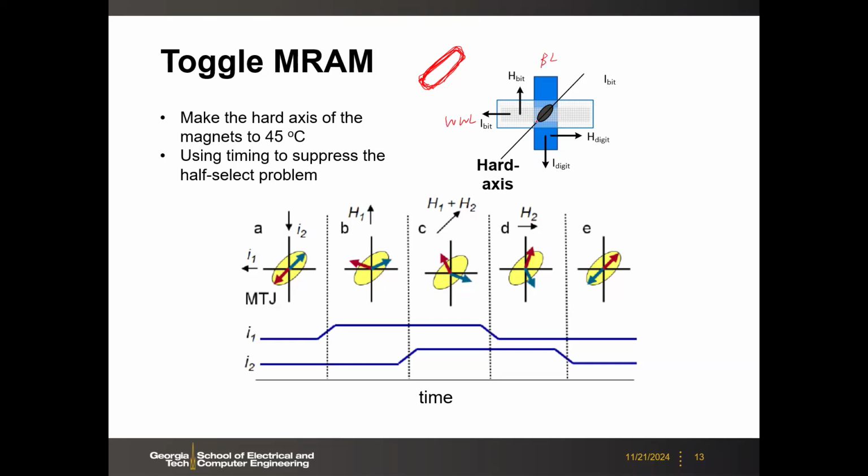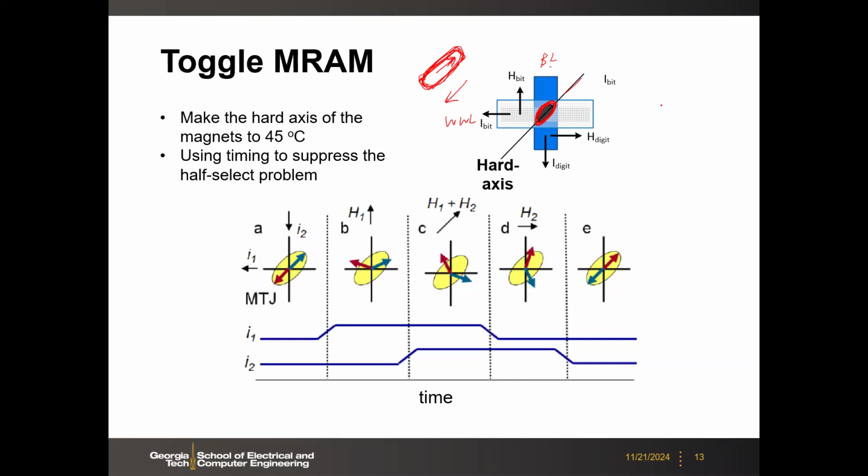Here you want to make the hard axis point at 45 degrees. That means your orientation will be either pointing 45 degrees this way or 45 degrees this way. You do not want to align that with the word line or bit line. In this case, you will need both the write word line and the bit line to be active to switch this one.